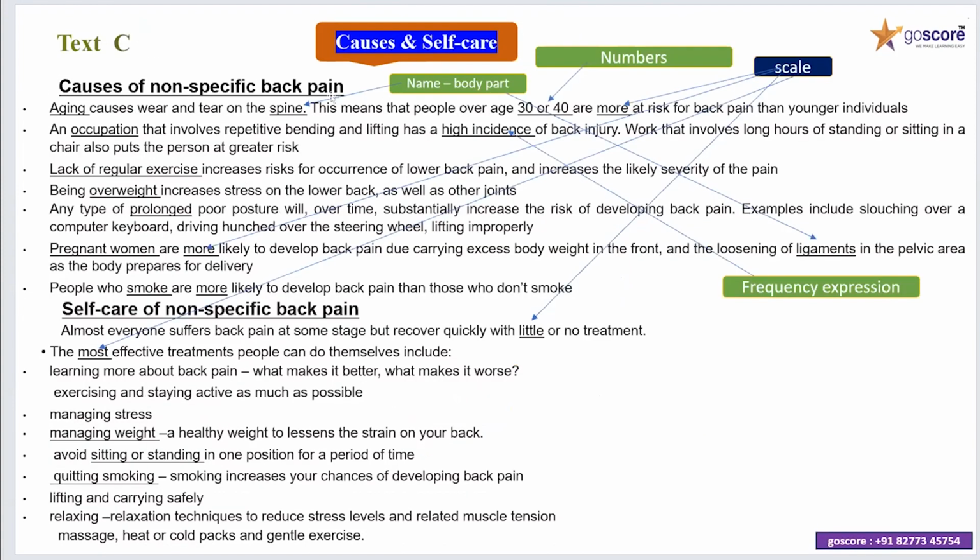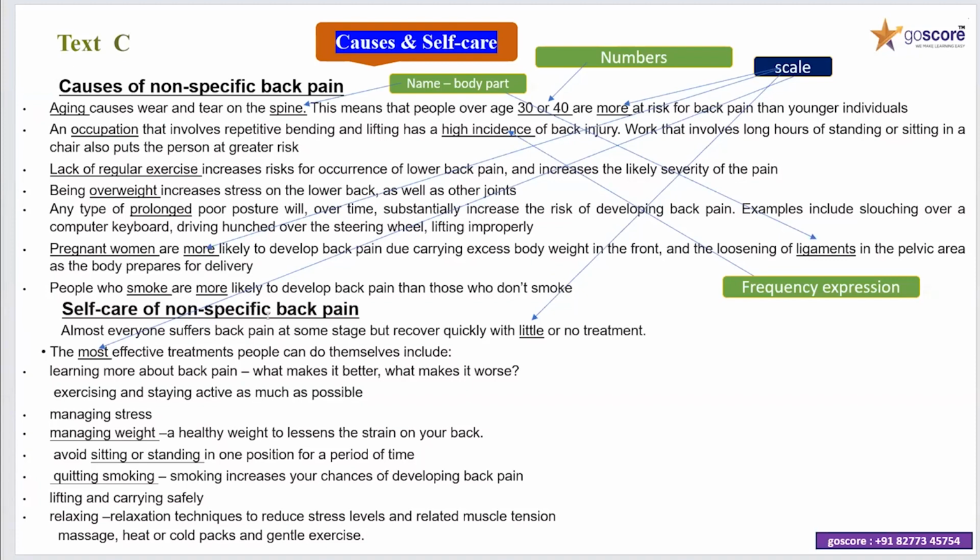So in text C, causes of non-specific back pain, they have mentioned some body parts. What are the causes they have mentioned here: aging, occupation, lack of regular exercise, overweight, prolonged posture, pregnant women, then smoking. Okay, some scales they have mentioned here, some numbers and all. You can just quickly skim, no need to read completely. Then here self-care of non-specific back pain.